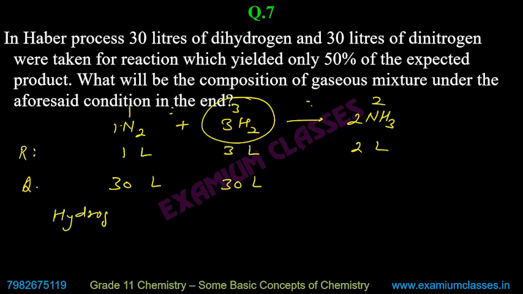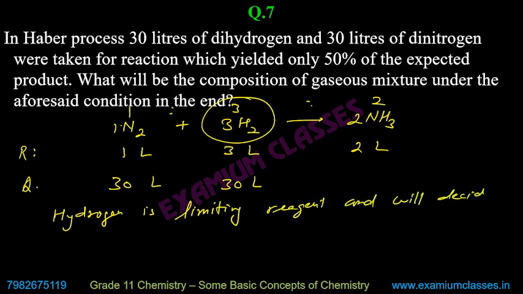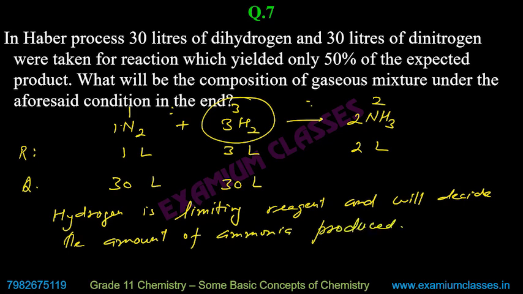So hydrogen is the limiting reagent and will decide the amount of ammonia produced. Okay.